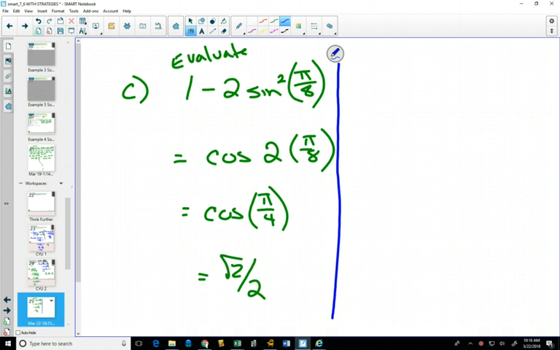So one of the things we learn through experience is recognizing certain types of questions. From this last section that we did right before this, I was teaching you pi over 12 questions. And so when you see a pi over 12, your brain is going to naturally think, hey, that's a pi over 12 question. So I'm going to give you a question that looks like a pi over 12 question.